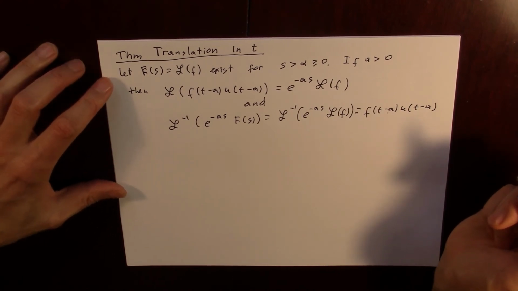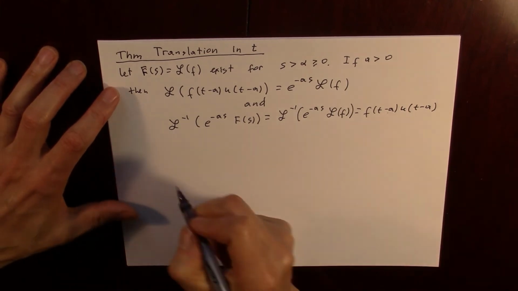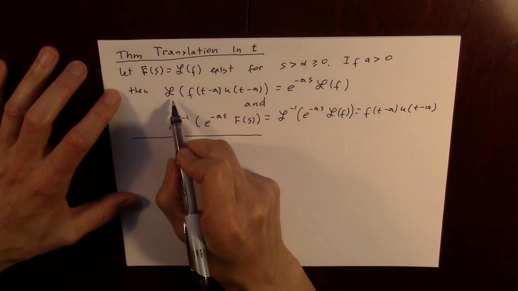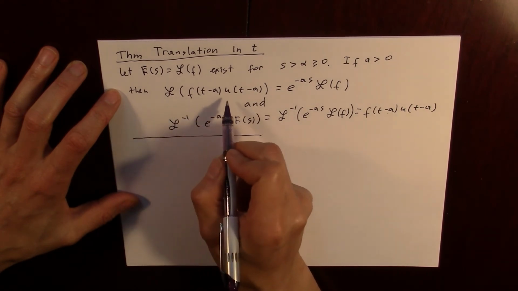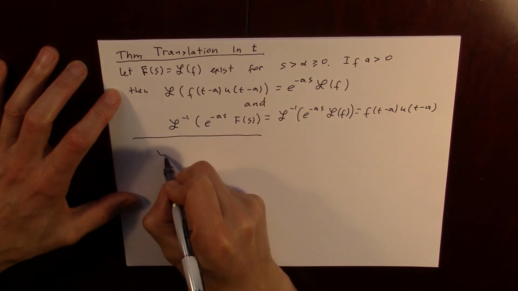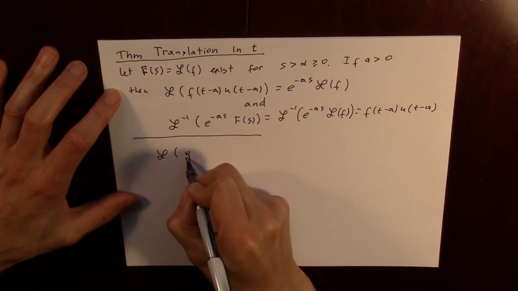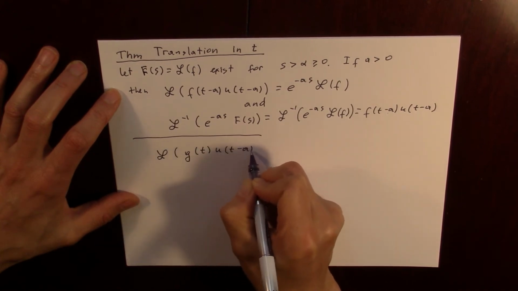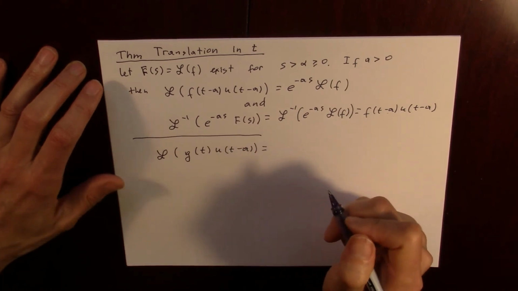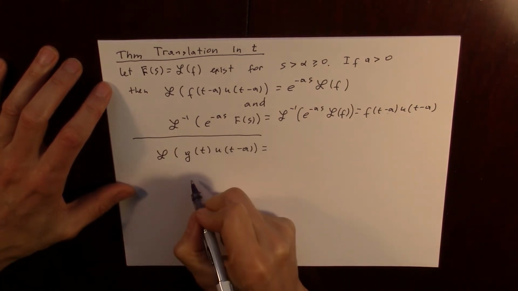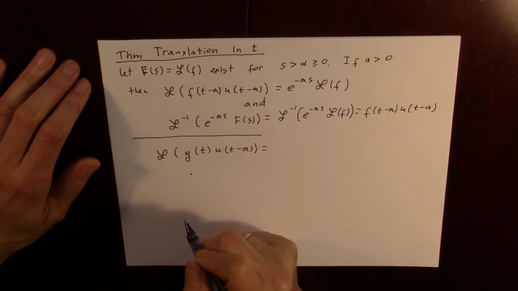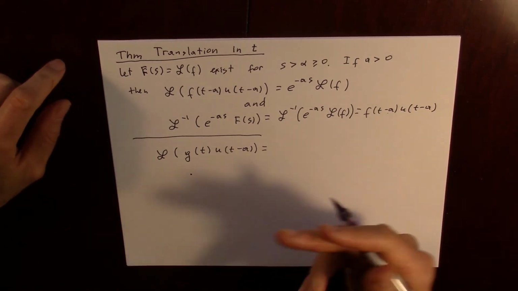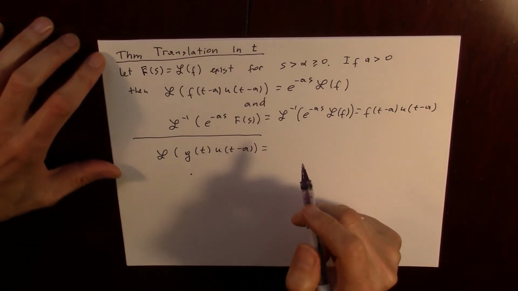It's a bit more convenient to use this formula in the following way. So instead of starting with the left side, the Laplace transform of f of t minus a times u of t minus a, we start with the Laplace of g of t times the step function. What we essentially do is a substitution, where we call tau equal to t minus a, and we introduce a slightly different function, like h instead of g, but we're essentially going to get the same answer as we got here.